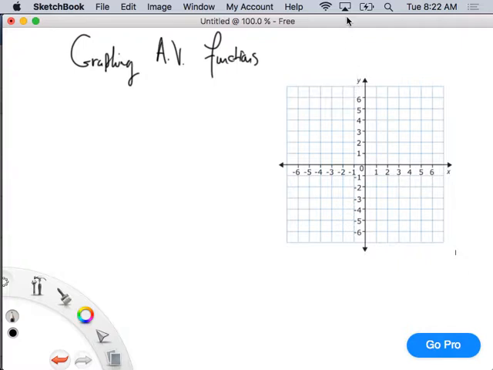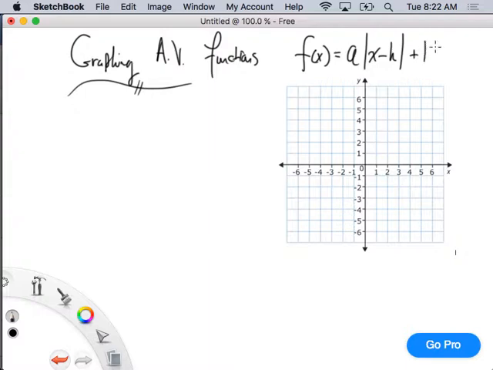So with graphing absolute value functions, remember what it all comes down to is f of x equals a times the absolute value of x minus h plus k. Remember? That's the deal. Okay? That's the standard form of an absolute value function.